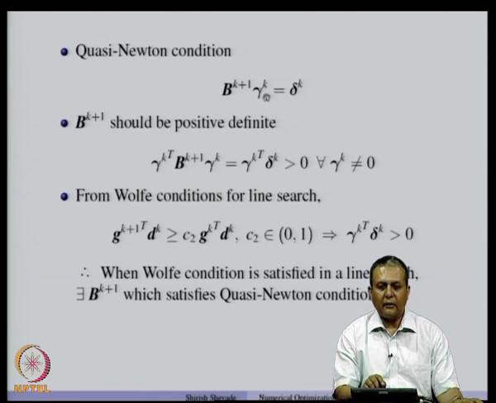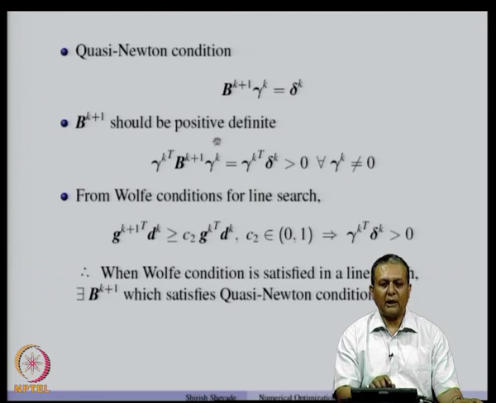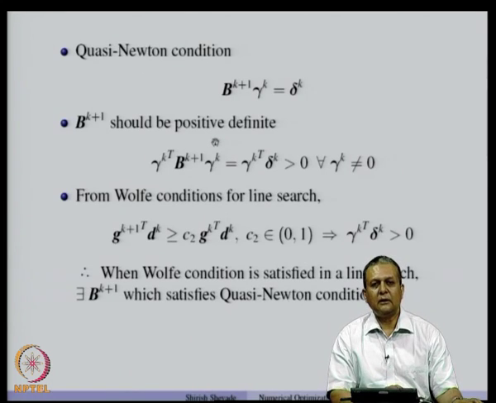Now, the number of equality constraints here, or number of equalities, are n. And in addition to symmetricity, we also need positive definiteness of Bk plus 1. That is, all the principal minors of Bk plus 1 should be positive. So, that will result in n inequalities.